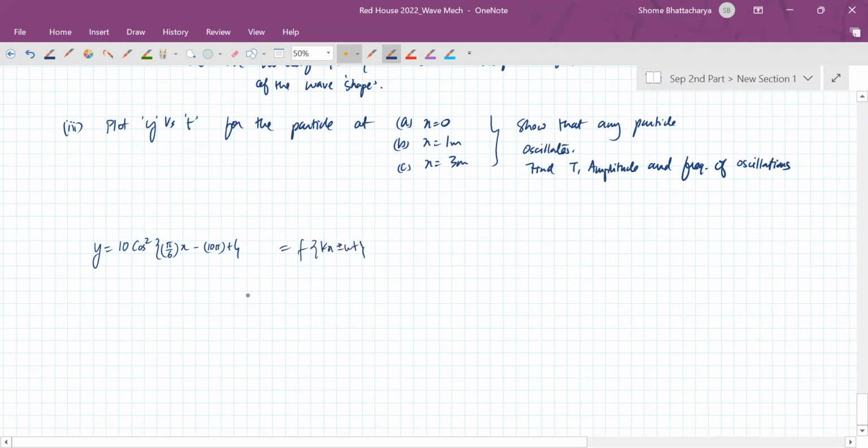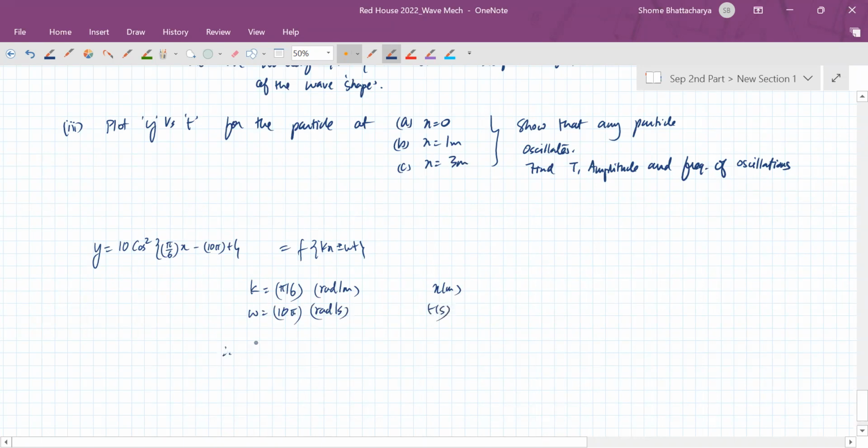So if you compare with the standard equation, k is pi by 6 radians per meter because x is in meters, and omega is 10 pi radians per second because t is in seconds.